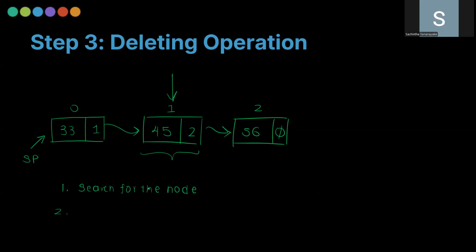So not only do you search for the node, which we will call the current node, this would be the current node in this case. We're supposed to also keep track of the previous node.